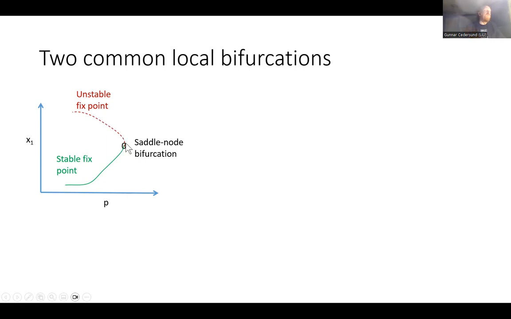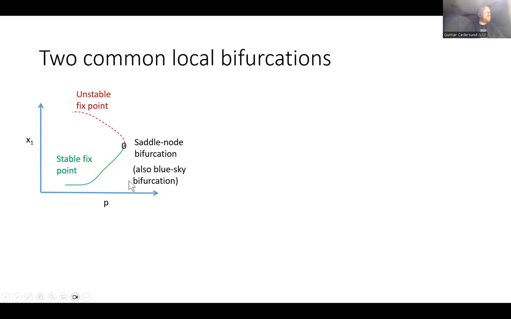Another name for this very, very common local bifurcation is a blue sky bifurcation. And why is that? Well, if you move here from the right, you have no stable behavior at all in this area, maybe the whole model is just diverging here.